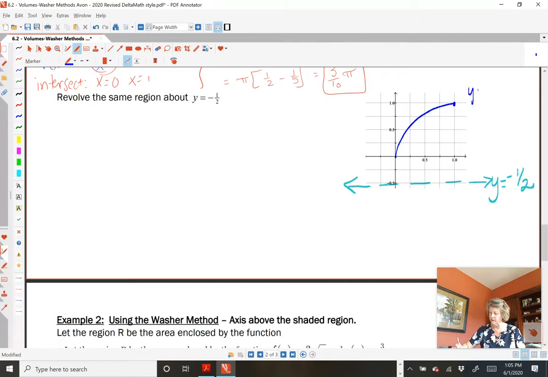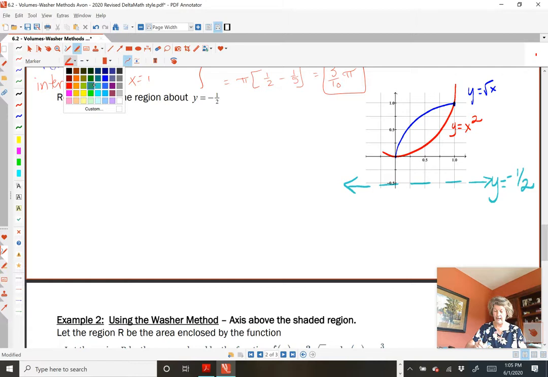And that function was the square root function. And then I have the parabola function, y equals x squared. And we're going to rotate this now about y equals negative 1/2 instead of the x-axis. So that's going to elongate the big R and little r.